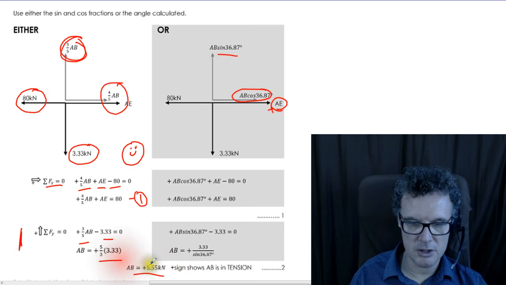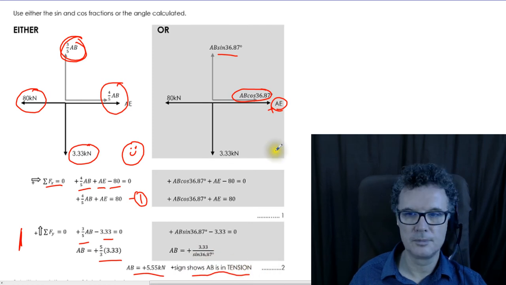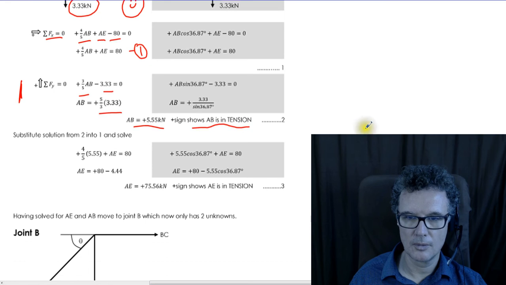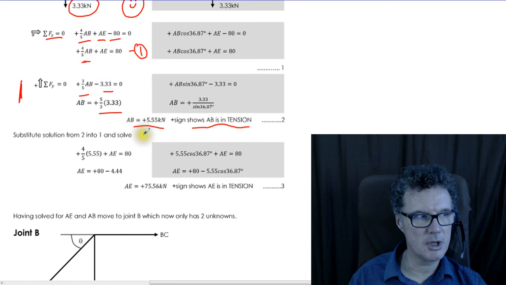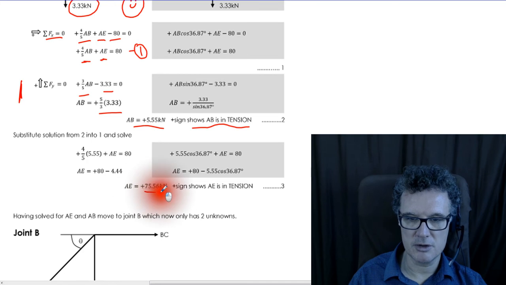Notice the value is positive, and when it's positive, that means we're in tension. Then I can go back and substitute into equation 1. So I've found what AB is, so I can substitute that back in, rearrange this to find AE, and then we find that AE is plus 75, so it's also in tension.